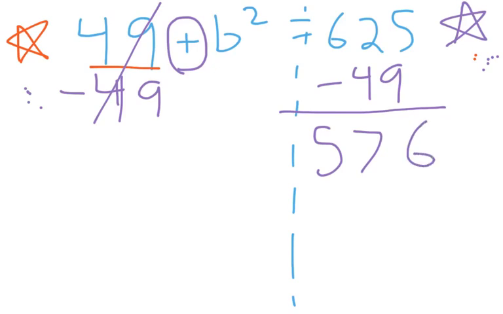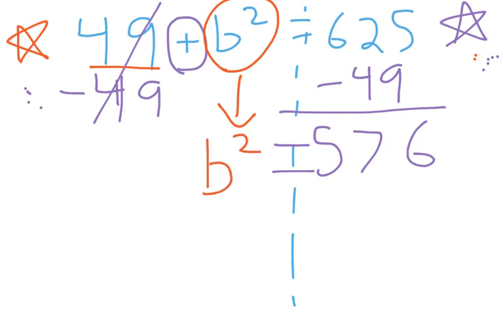Now the next thing you're going to do is just bring down your equal sign, and then this b squared is just going to slide on down. So now it's basically what we did when we were trying to find c instead of b. I don't have b by itself, I have b squared. So I have to do the opposite of squaring. And what's the opposite of squaring something? That square root symbol.